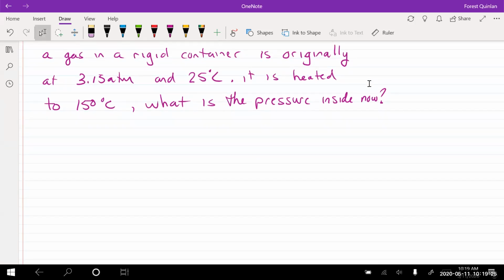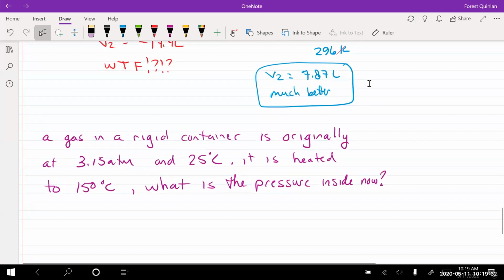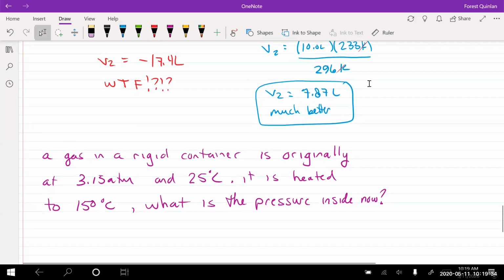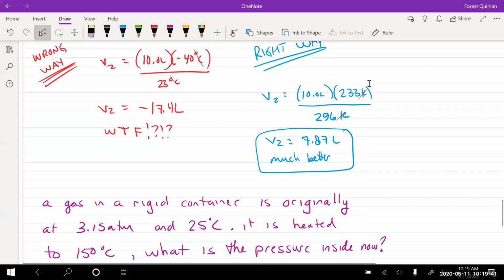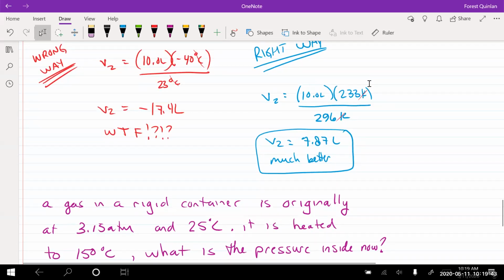Excuse me, sir. I have a problem with the calculator. Just scroll down a little bit. So you make V2 equal 10.0 liter times 233 Kelvin, and on the bottom, you have 296 Kelvin. When I do the math on my calculator, it gives me 250 Kelvin, because 23 minus 273 gives you 250.